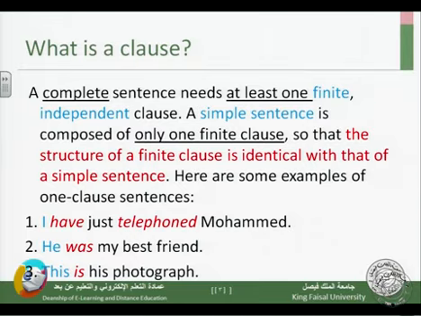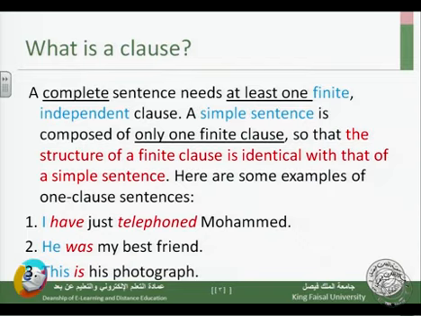So if you want to know what is the meaning of a finite clause, just look at a simple sentence and you will see one finite clause. So the structure of a finite clause is identical. It is the same as a simple sentence. Okay, so one finite clause equals one simple sentence.